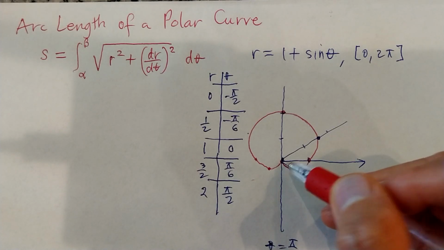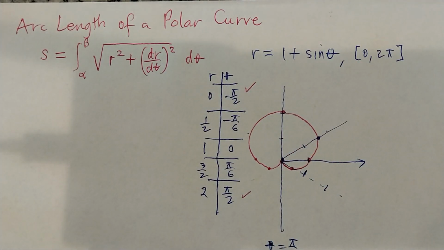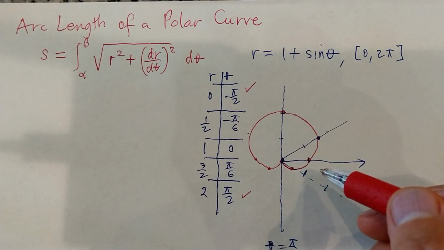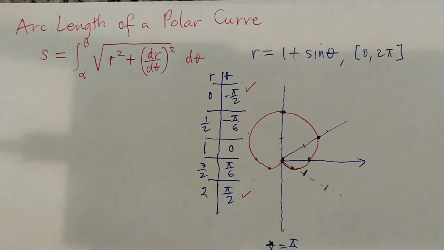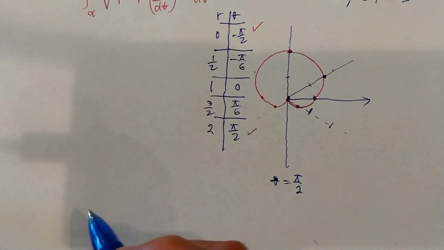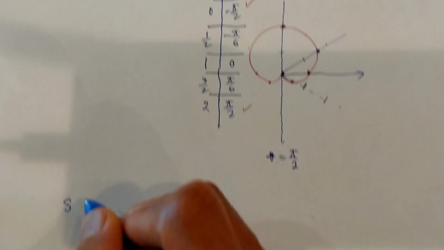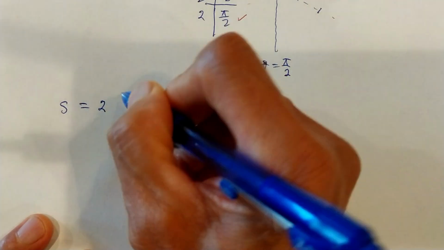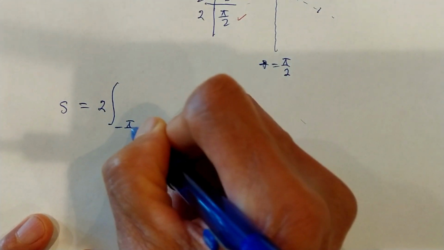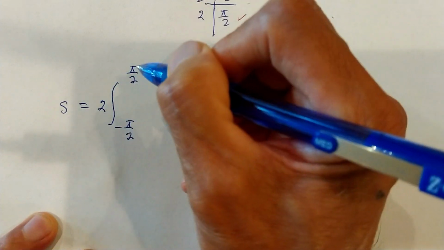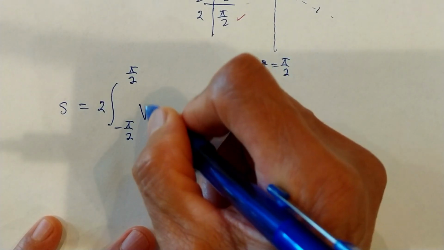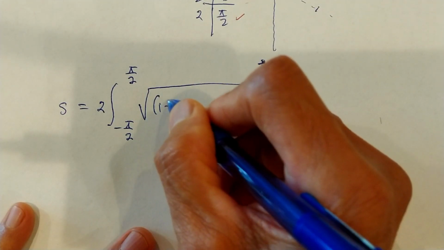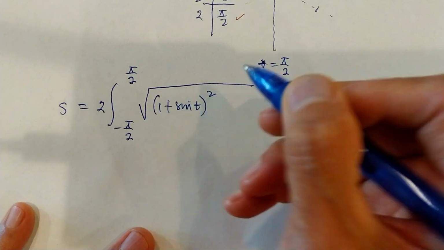It's going to be from negative pi over 2 to pi over 2. I'm just doing half of the cardioid, so I will multiply the whole thing by 2. So here we go. S is equal to 2 times the integral from negative pi over 2 to pi over 2 of the square root of r, which is 1 plus sine theta, squared.